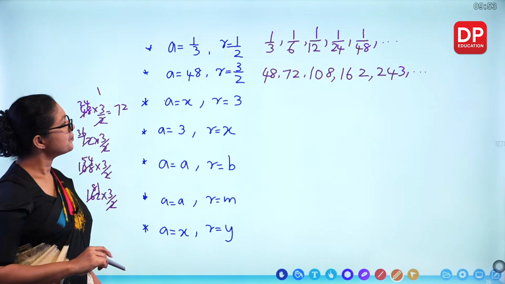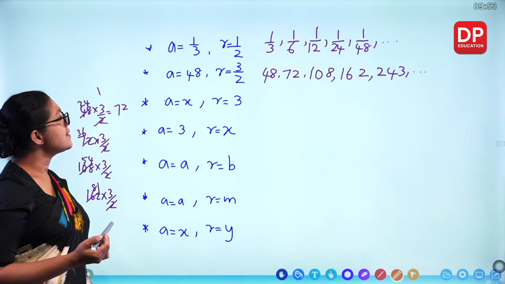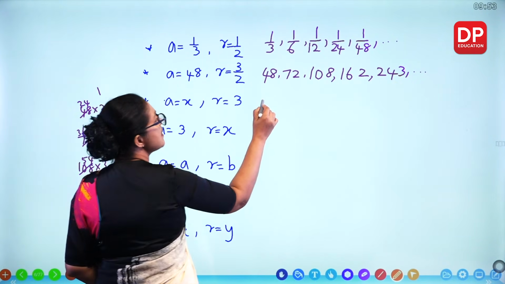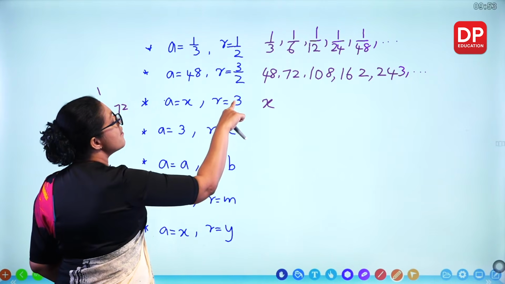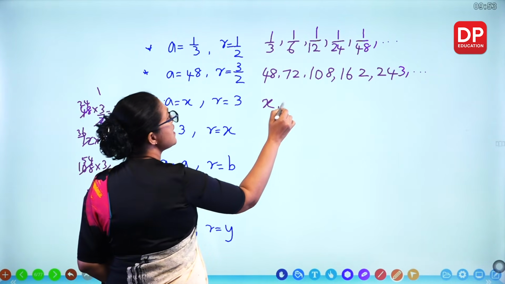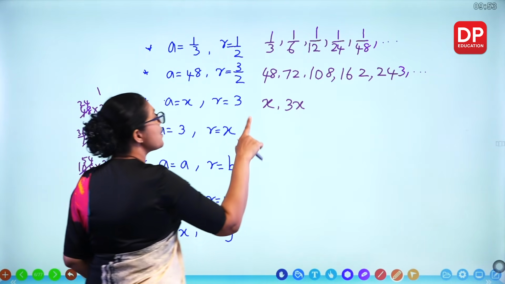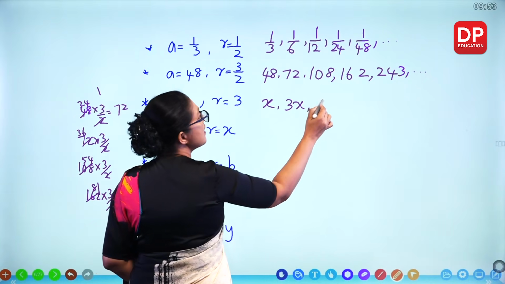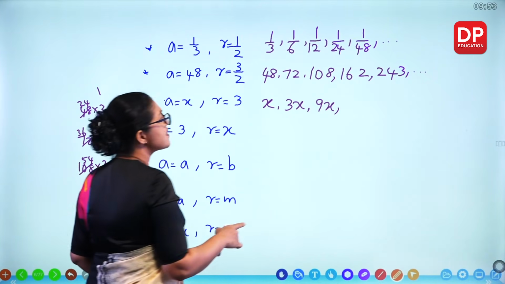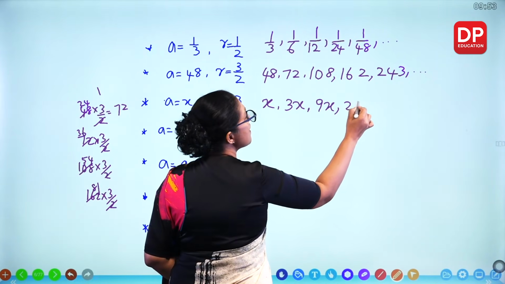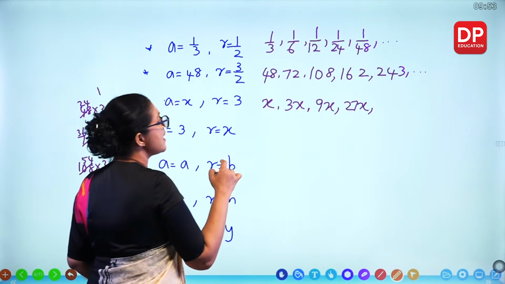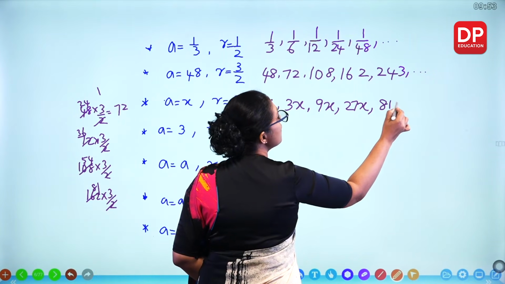This one, a is x, that means the first term is x, starting from x. The ratio is 3. 3 times x, 3x. 3x times 3, 9x. 9x times 3, 27x. 27x times 3, 81x.